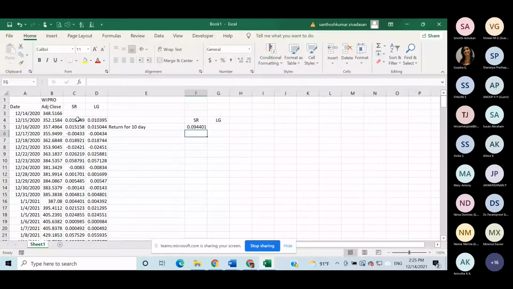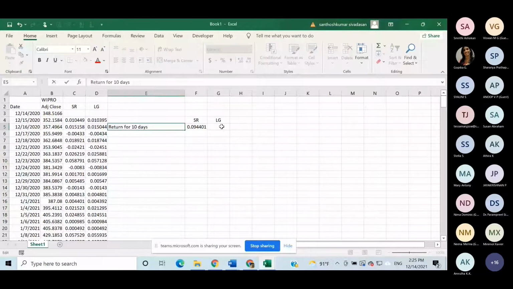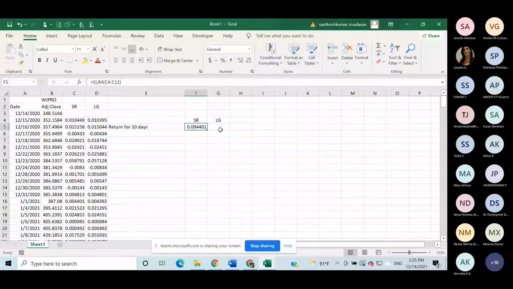So out of the first 10 days prices, you got the sum of the returns like this. When you drag this, you will get the sum of the log returns.